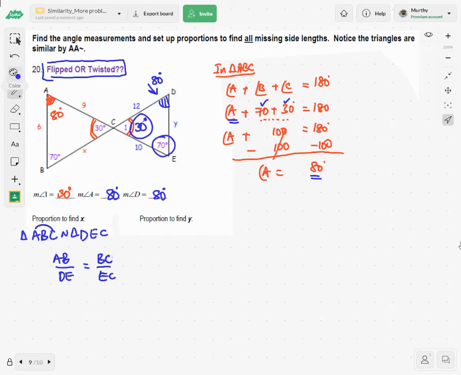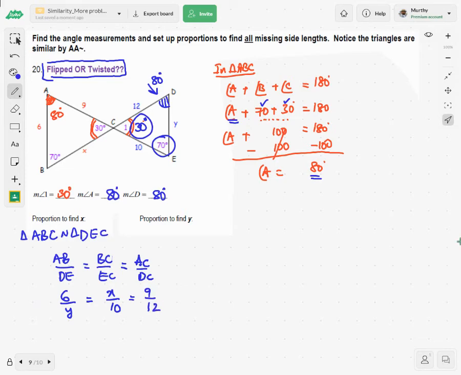Next, first and third, AC and DC, so it is AC over DC. Now just plug in the values. AB is 6 units, DE is y, BC is x, EC is 10, AC is 9 units, and DC is 12.